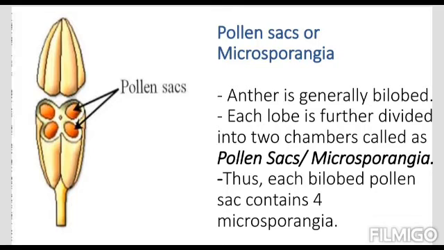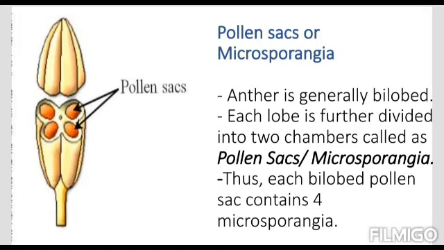Each lobe of this pollen sac is further divided into two chambers. These chambers are called pollen sacs, or they are also known as microsporangia. Look at this picture and see that each bi-lobed anther contains 4 microsporangia.